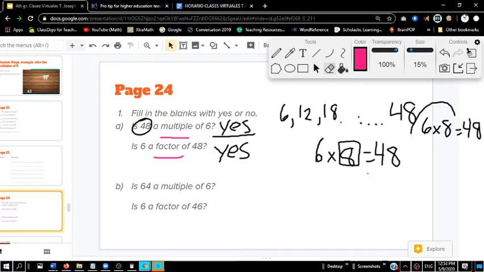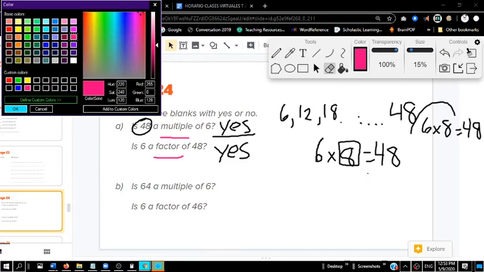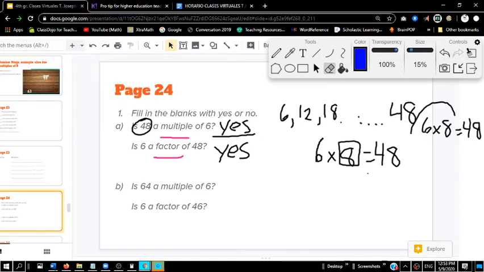The next problem says, pick a different color, 64. Is 64 a multiple of 6? If we continue counting, 6, 12, 18, 24, 30. Are we going to eventually get to 64?